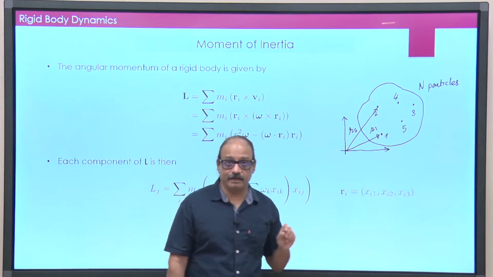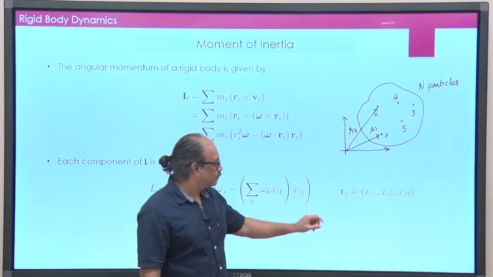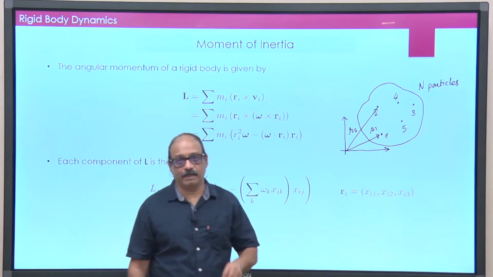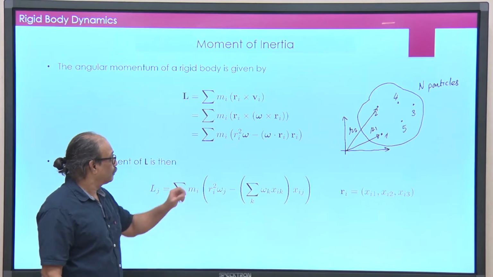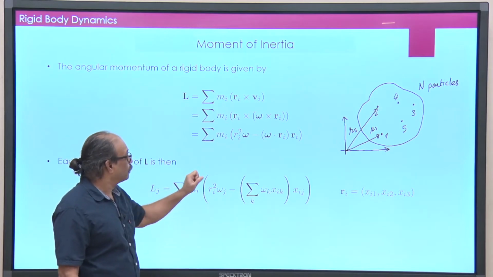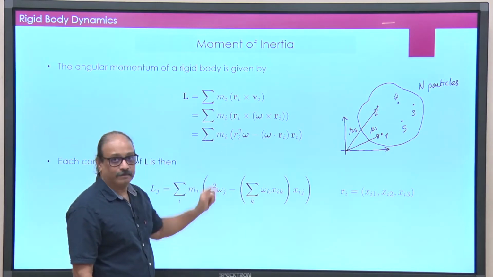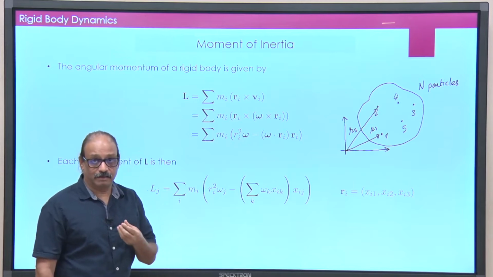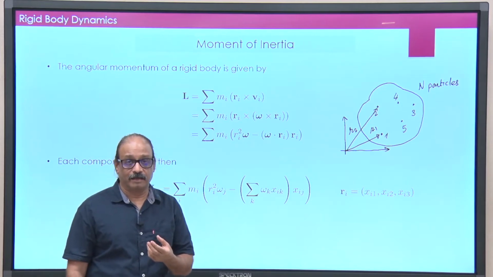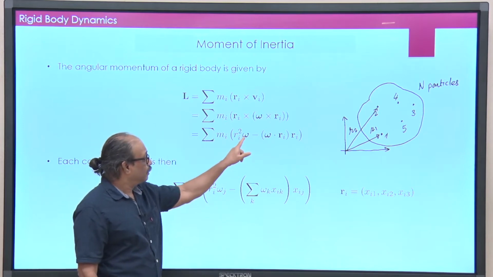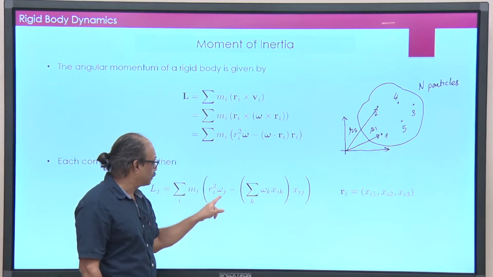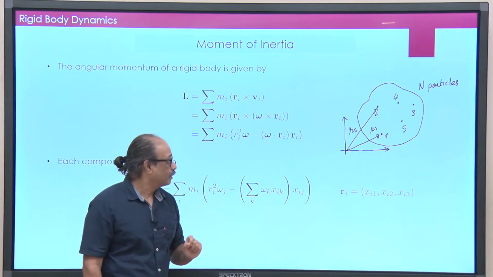So, again the i index stands for the particle, and this 1, 2, 3 are basically the x component, y component and the z component. So, now look at what happens here. There is the m_i r_i squared, it is the length of the vector r_i. So, it does not have components, it is just a number. Then omega is a vector, so I will take the jth component of omega.